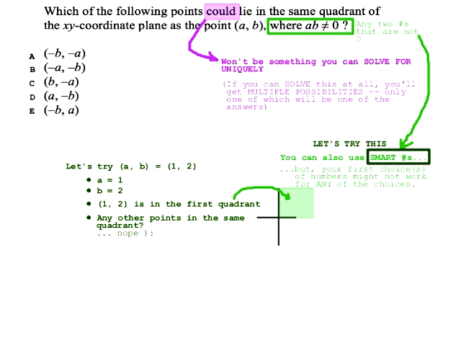So let's try the numbers that Gabriella said. Let's try A, B is -2, 3. In this case, A is -2, B is 3.